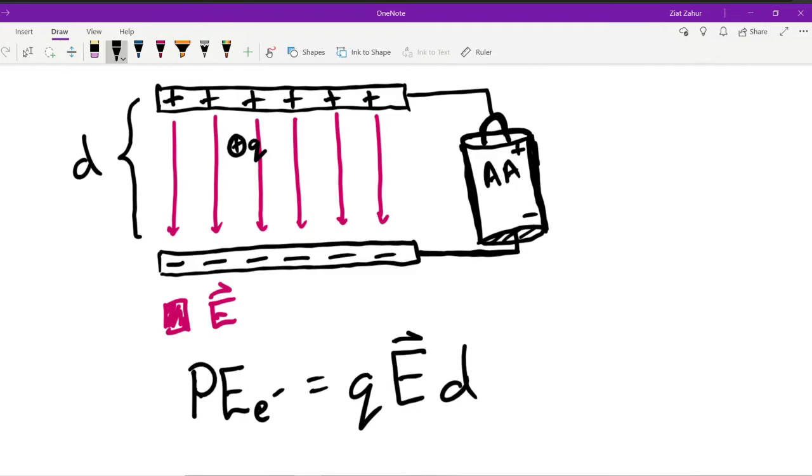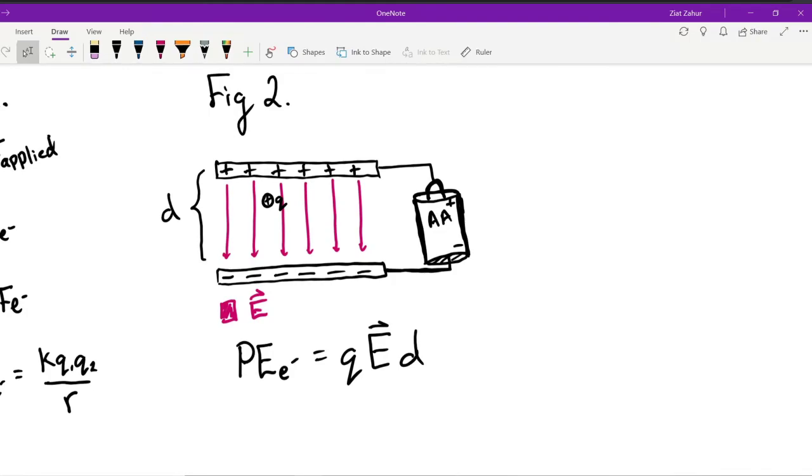Now Q could be plus or minus. I'm just going to draw plus for now. It could be any charge.